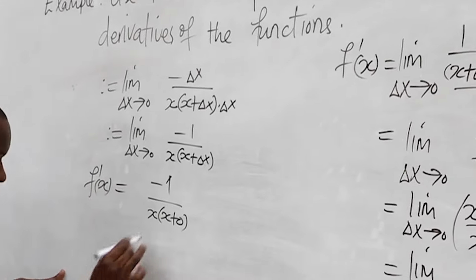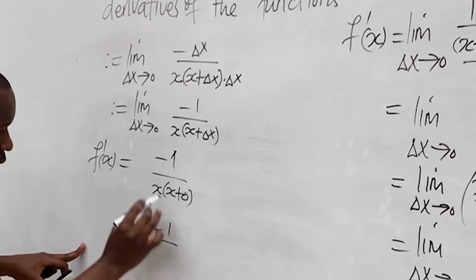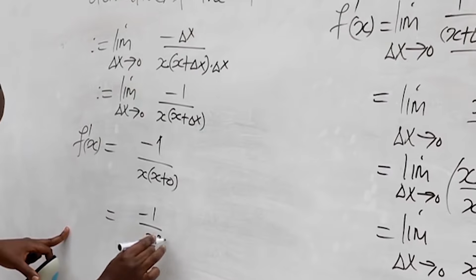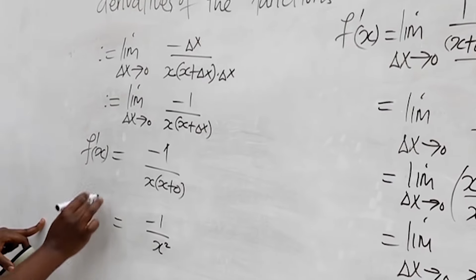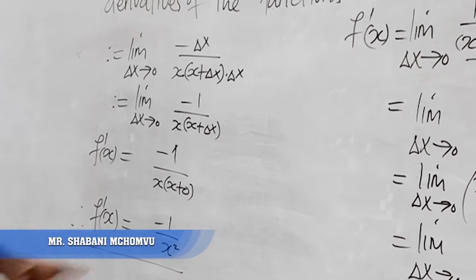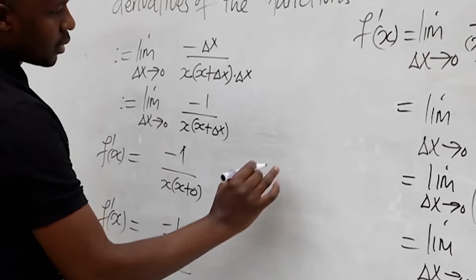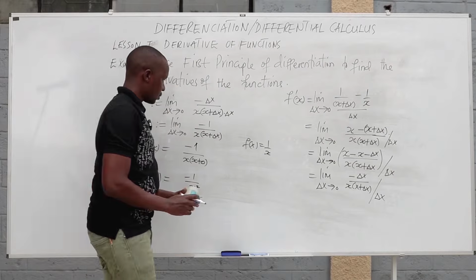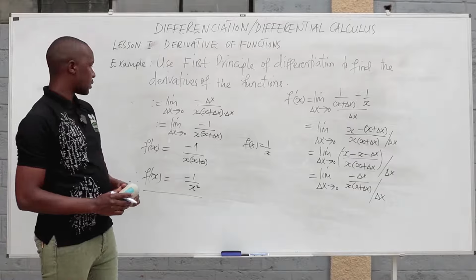So it becomes negative 1 over this, x times x becomes x squared. So this will be the derivative of the function which we had earlier, which was f of x equals 1 over x. So this will become the answer.